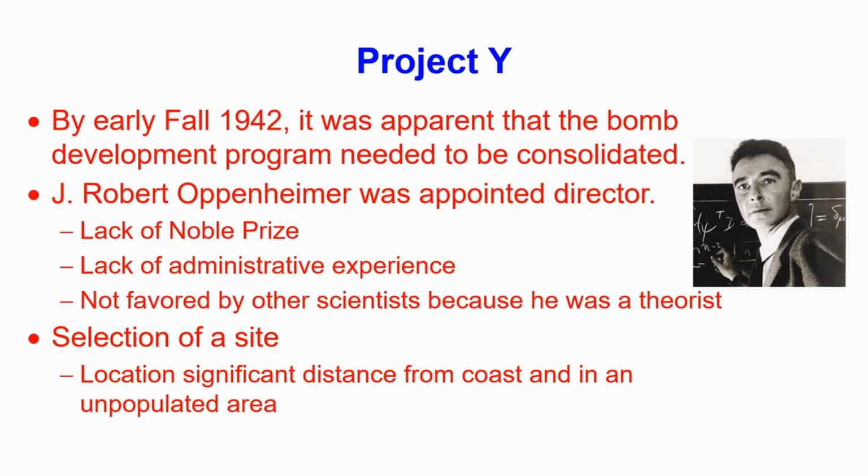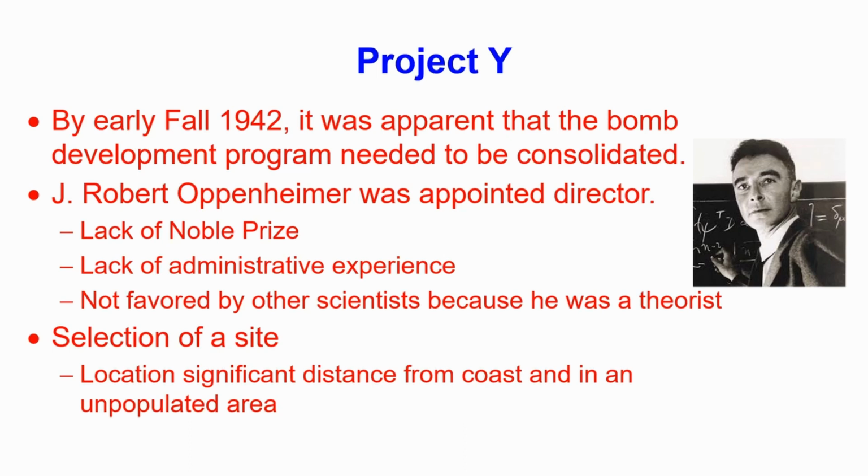Now, a lot of people were upset about this because Oppenheimer lacked a Nobel Prize. He lacked any administrative experience because he was a theoretical physicist. And most of the other scientists sort of thought him a rather haughty, somewhat less than approachable person.